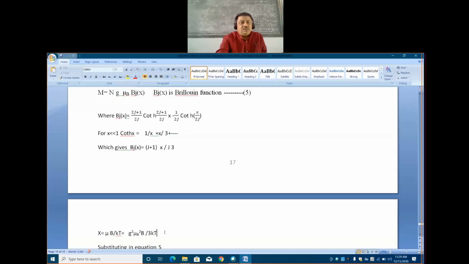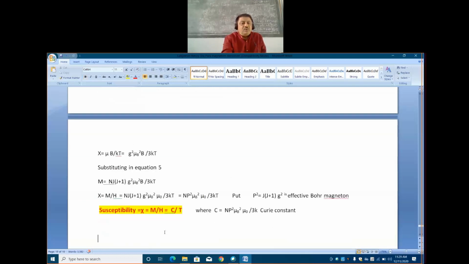Substituting this in our previous equation 5, magnetization M becomes N j into (j plus 1) g square mu B square B by 3kT, and chi, which is susceptibility, is M divided by H. Therefore, N j into (j plus 1) g square mu B square by 3kT. So B is mu naught H, therefore mu naught comes in, and H and H cancel.